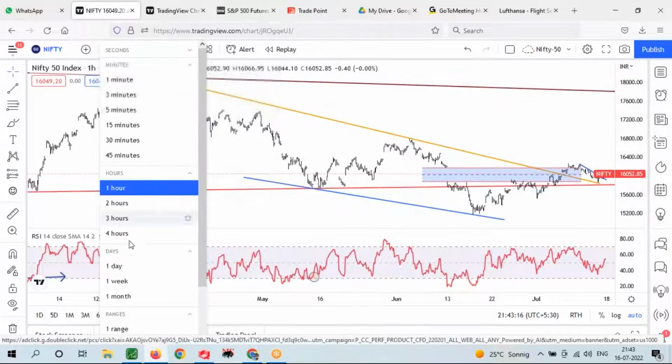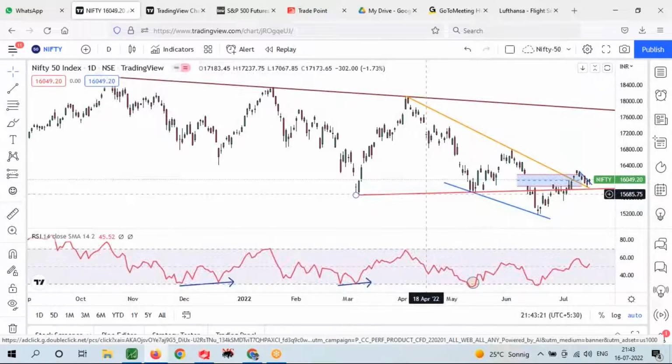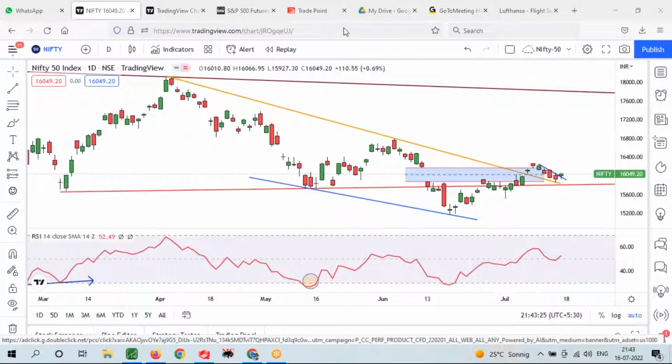Even if you look at the daily chart, this is a channel. Let us also look at this one interesting thing. This low was broken here. I was talking about a false breakdown, but as I said, till we get back above this level and hold it on the retest, we can't call it.